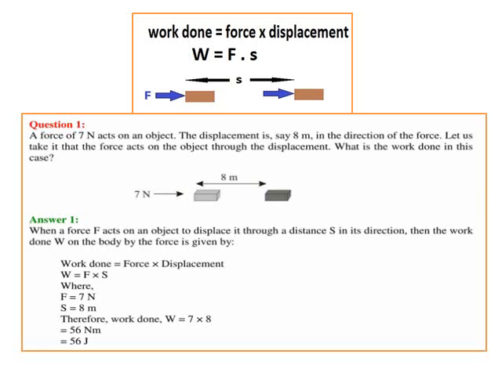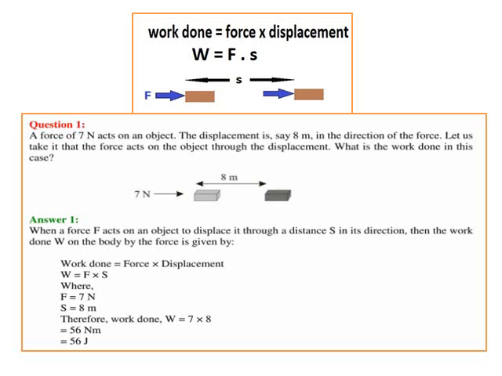Let us take this that the force acts on the body through the displacement. What is the work done in this case? So you are given two numbers, 7 Newton and 8 meters. 7 Newton represents the force, that is F, and 8 meters represents the displacement. So you are asked to calculate the work done.